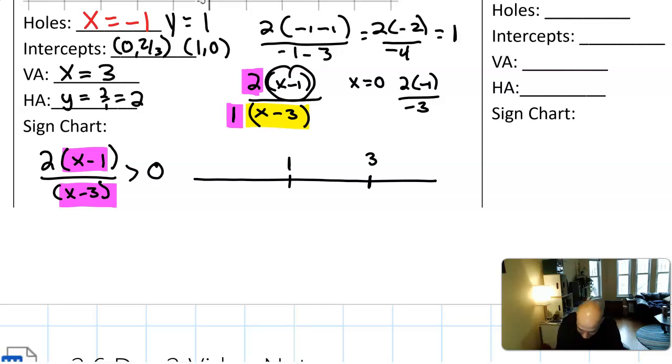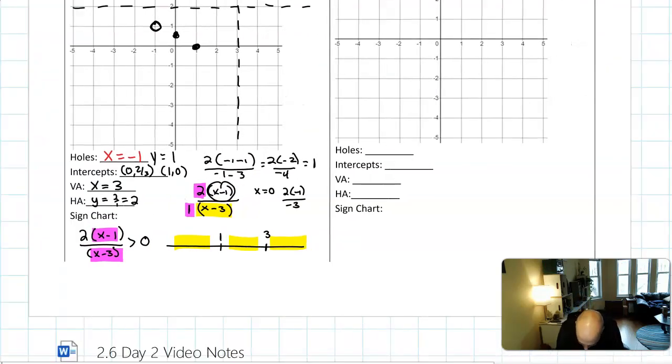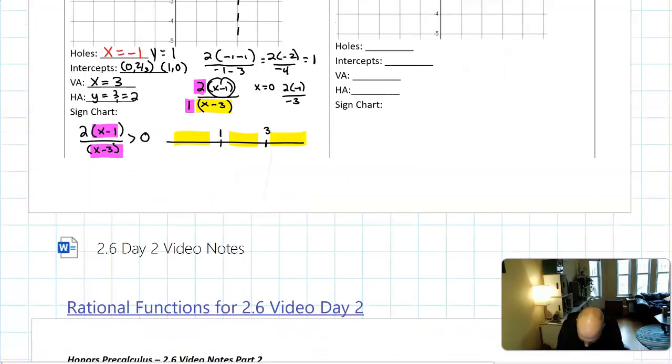And then we just needed to plug in test values in each of the regions on the graph. There are 3 little spaces where we need to do some test values to figure out whether the graph is going to be positive, negative, or 0 at those spots. We actually already got some test values over on this side, but we're just going to keep going as if we didn't have those.